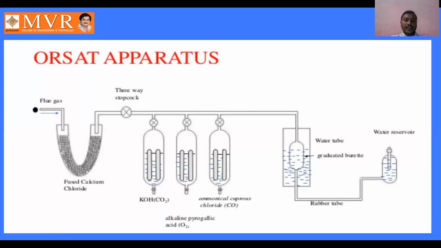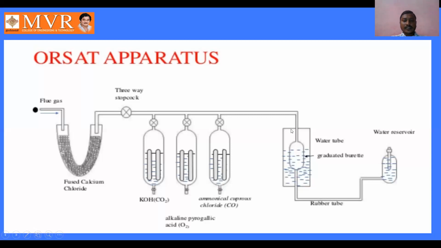And again, when we release the pressure, the first stopcock is closed, and the gases from the graduated burette directly enter the second one, where we have alkaline pyrogallic acid inside the second bulb.